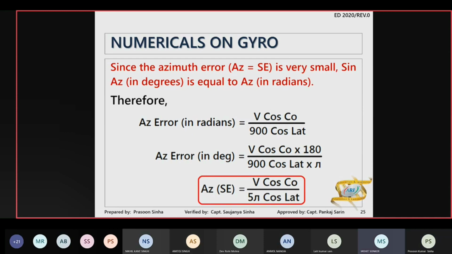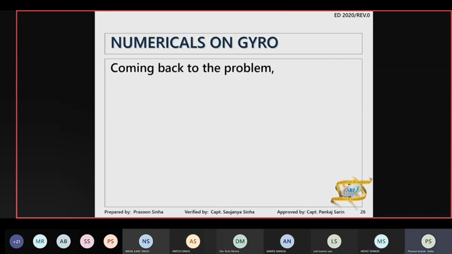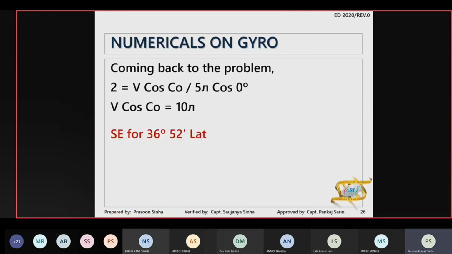What will be the steaming error in latitude 36 degree 52 minutes? Okay, so 36 पे पूछा है, आपको 86 पे नहीं पूछा है. देख लिया आपने, यहाँ पे भी दिख रहा है कम से कम कि लोअर लैटिट्यूड्स पे lower latitude. Okay, so now take a look at this and verify yourself that it is all okay or not.